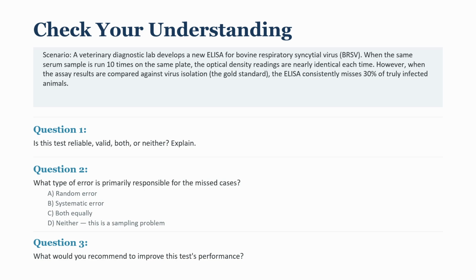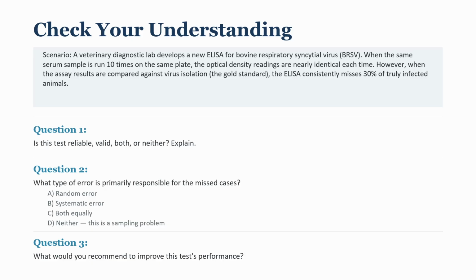That's reliability. But consistently missing 30% of truly infected animals tells us the test is not accurately detecting BRSV infection. That's a validity failure. This is the dartboard scenario where darts are clustered together but off-center.